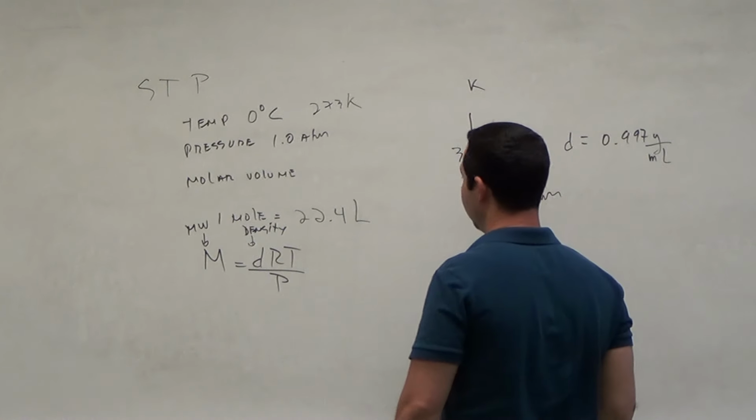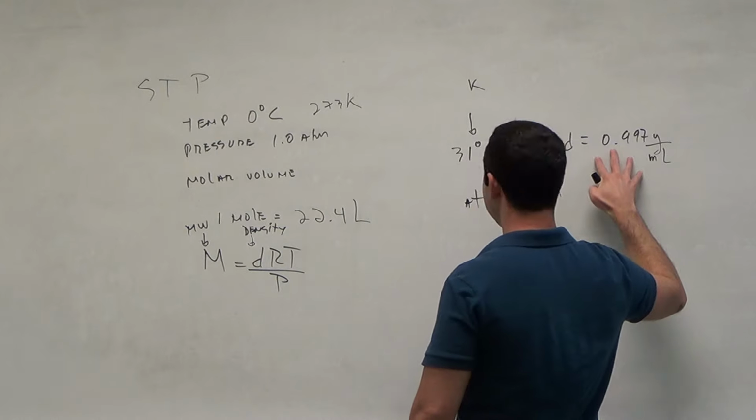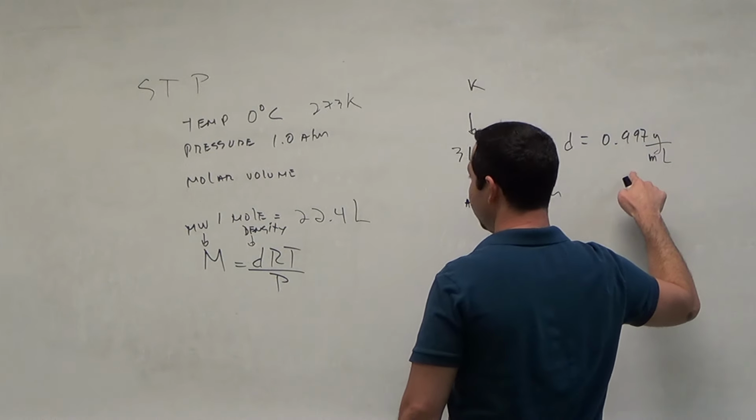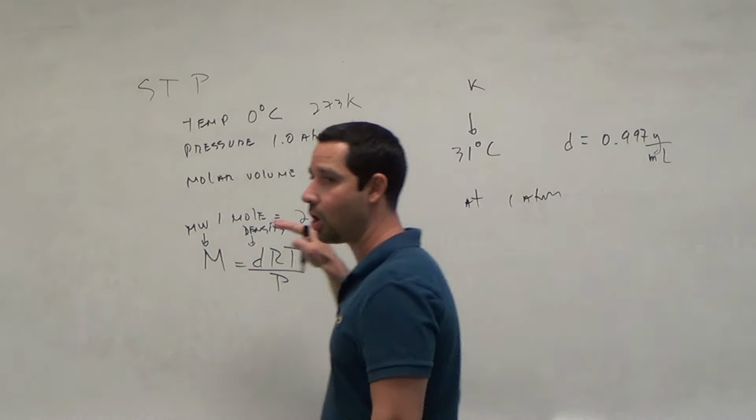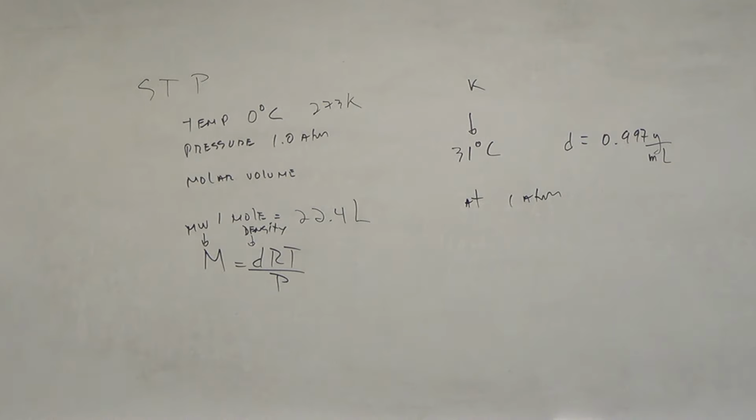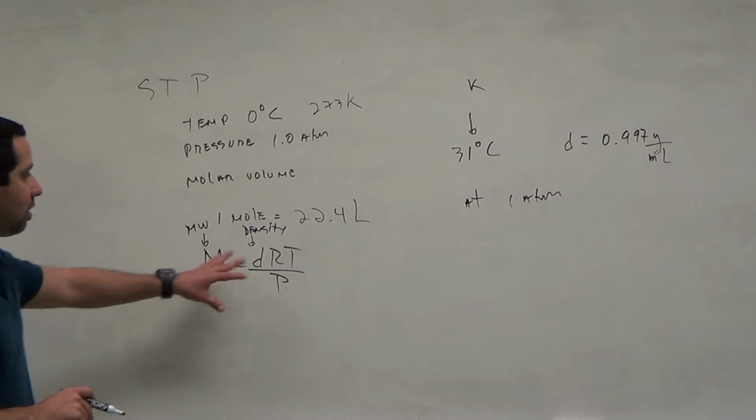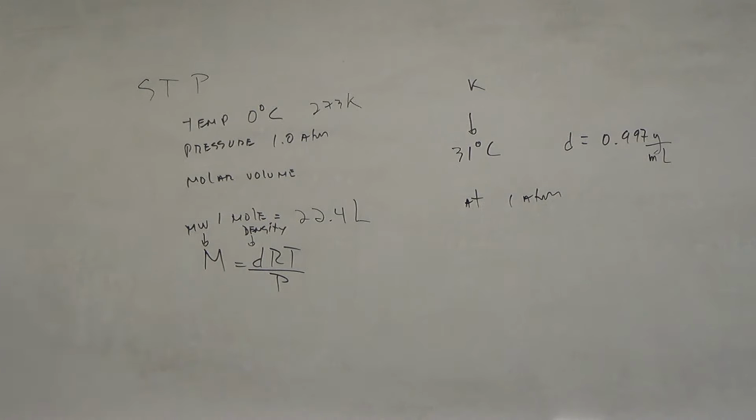Here's the density, in grams per milliliter, and here's the atm. The gas constant is in liters, so I have to change the milliliters to liters. That's just a conversion, okay? And then after that, you multiply all of it together and you get the molecular weight.